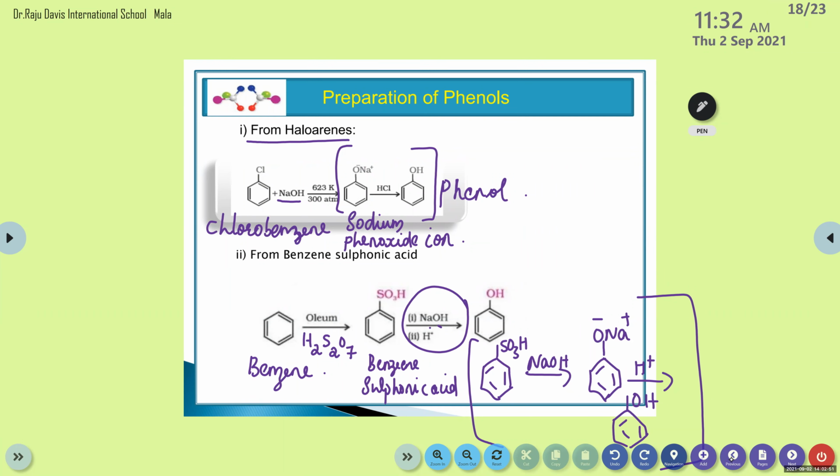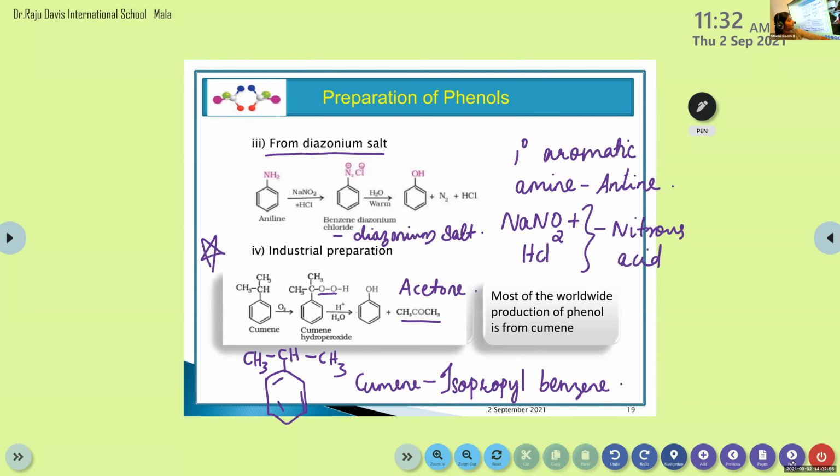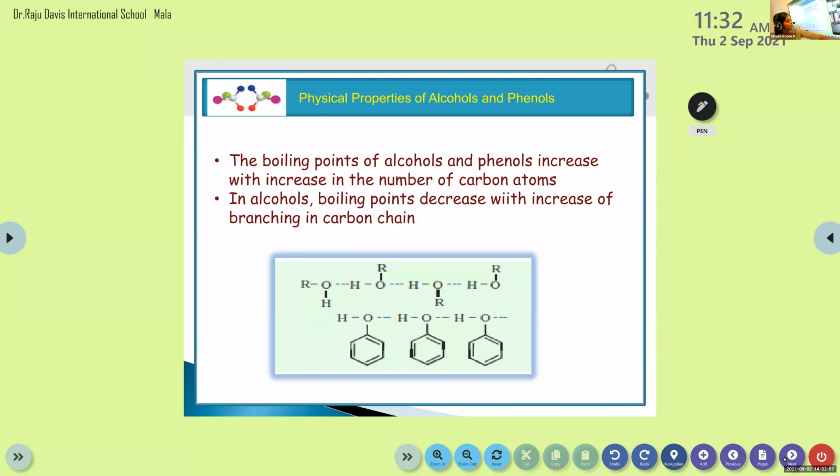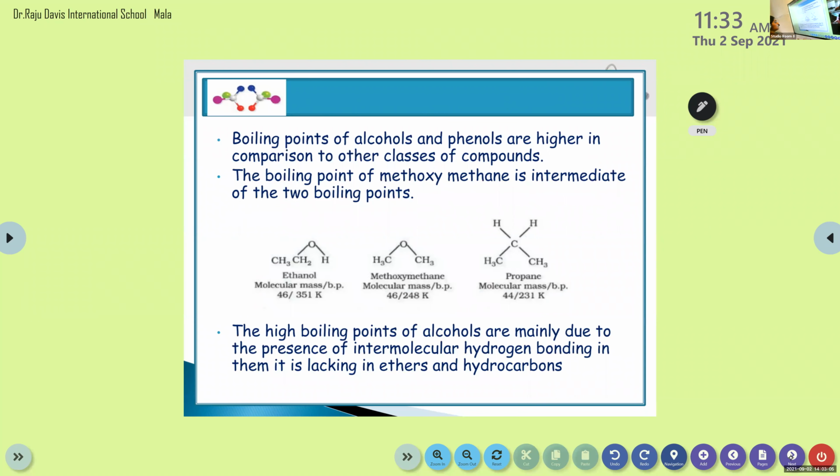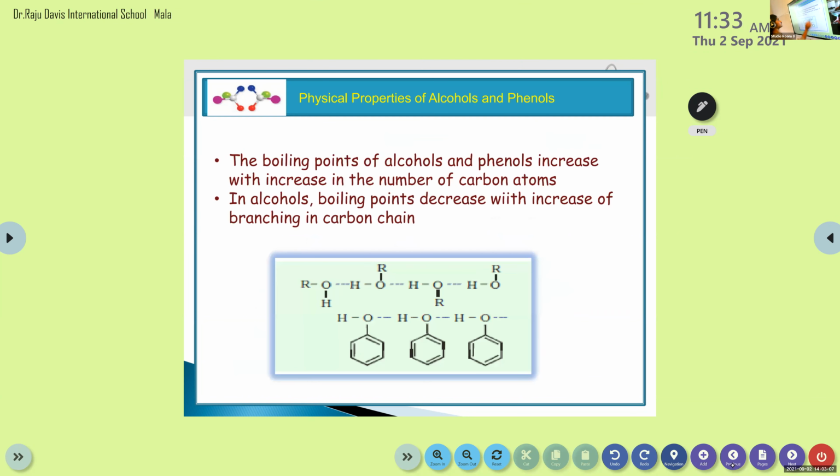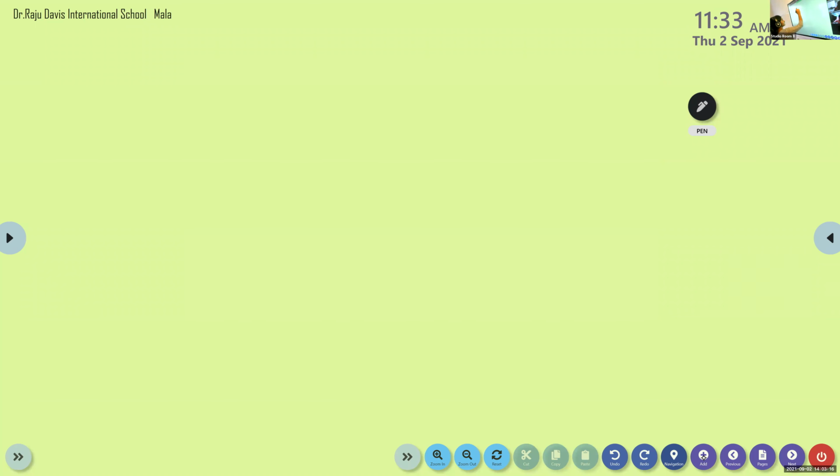Yes. Okay. So that's about the preparation of phenols from different synthetically important substances. Then we are moving to the physical properties of alcohols and phenols. Which are the two parts contained in alcohol and phenol?